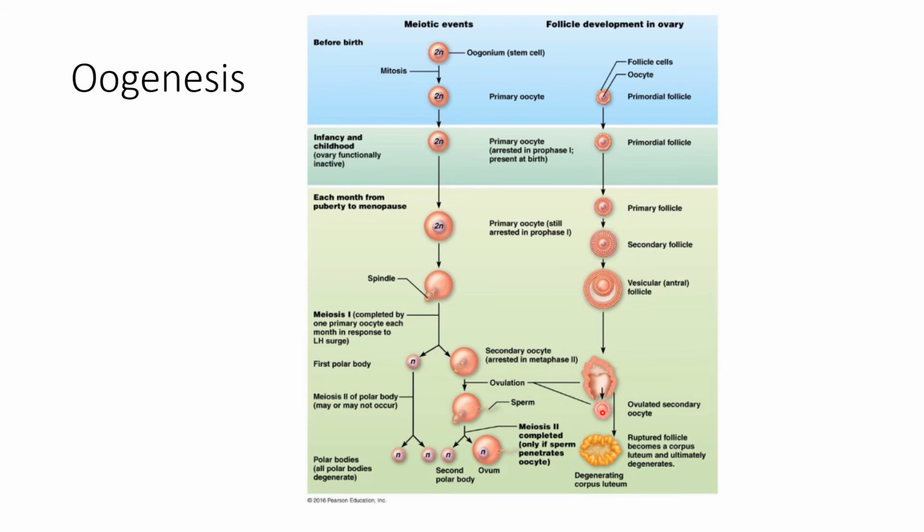And that secondary oocyte is going to be exiting out of the ovary. So it's going to completely exit the ovary, and it's going to start entering into the fallopian tube.